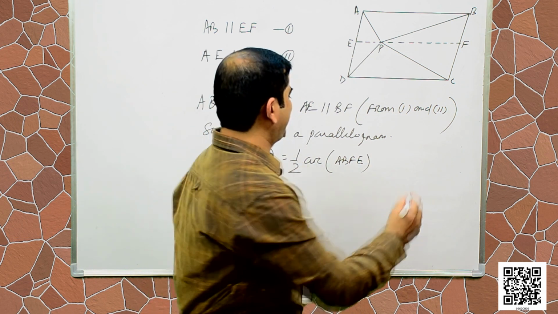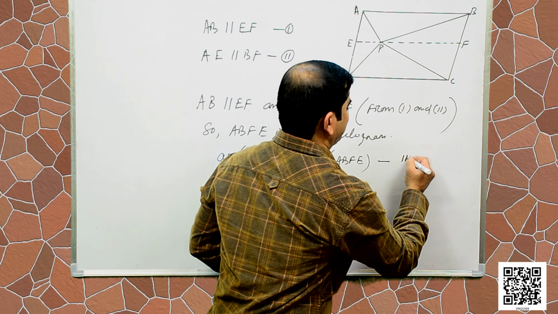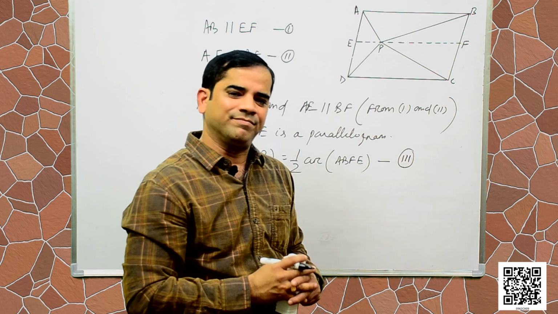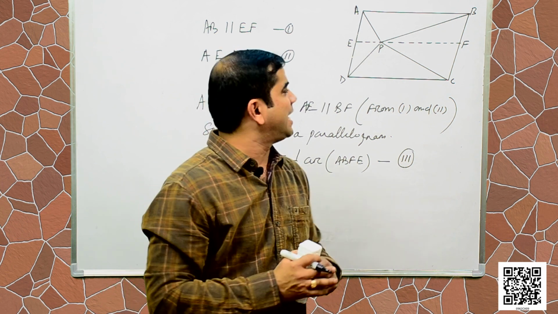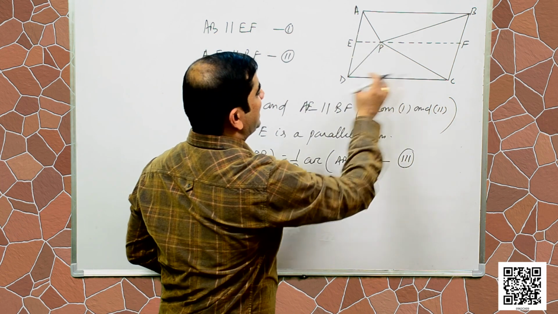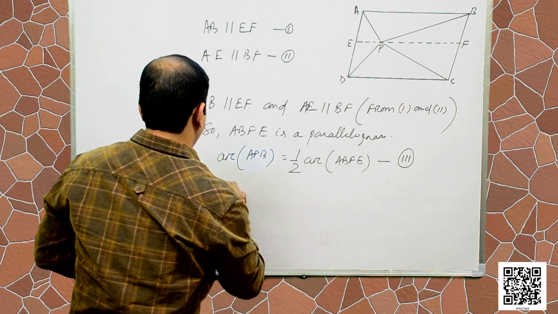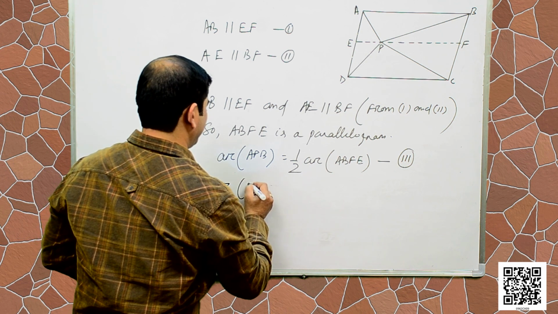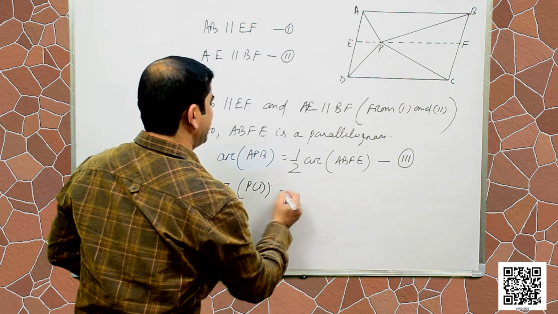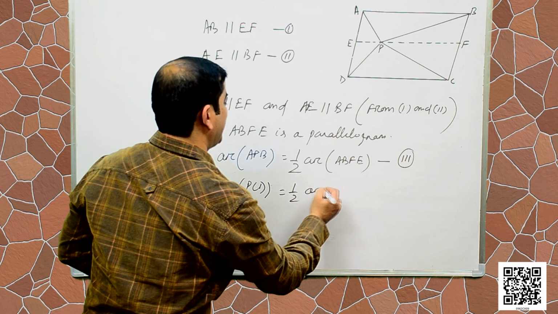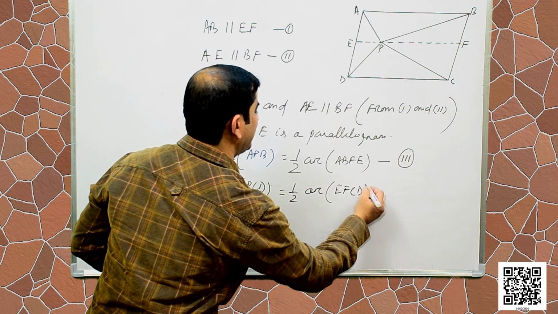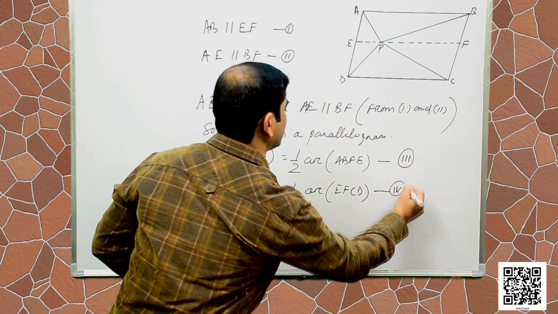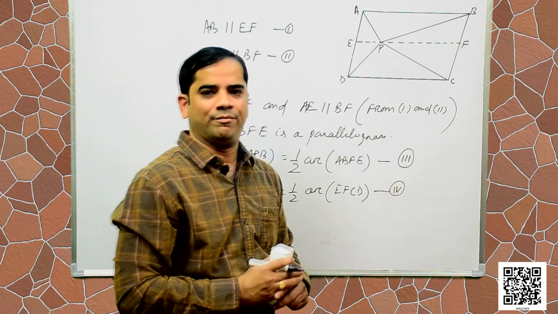Let me take this as equation 3. Similarly, for triangle PCD, area of PCD is equal to half of area EFCD. Let it be equation 4.